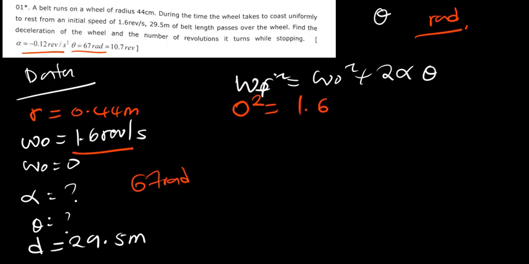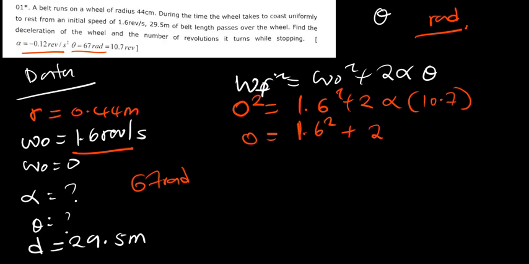So 1.6 squared plus 2 alpha, which I don't know. This is 10.7. So this is 0, this I don't know, then plus 2 times that guy, which is 21.4. Shift this guy to the other side, that becomes 1.6 squared, which is 2.56.